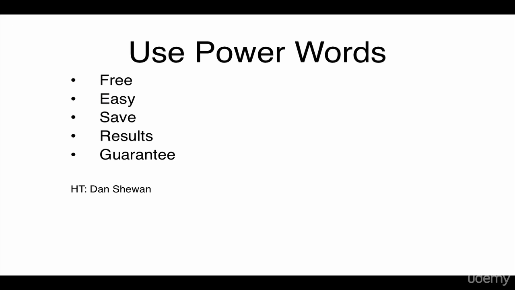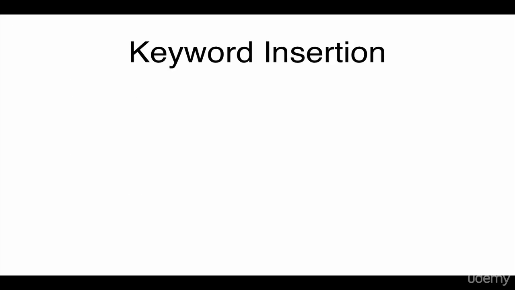Save has good results, and results is another good one to use because people like results, and that makes a connection in their mind. And also guarantee. Remember, we used guarantee in the ad I just showed you. People like to know that there's no risk in what they're doing, and that something is backed by a guarantee. So that's a great power word that you can use.